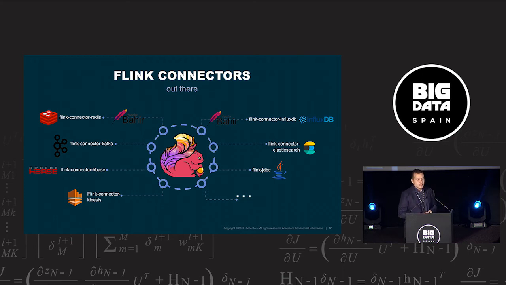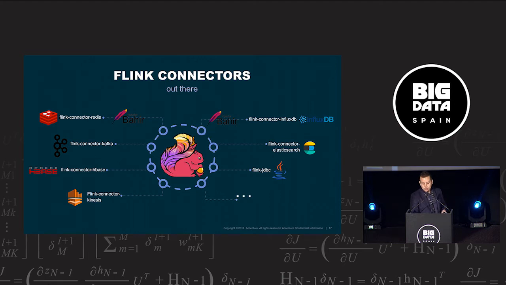Flink provides a connector for several systems, including Kafka, Redis, InfluxDB, Elasticsearch, and so on. One important thing here is that Flink connectors are currently part of the Flink project. Indeed, they are a submodule inside of the general Maven project of Flink.